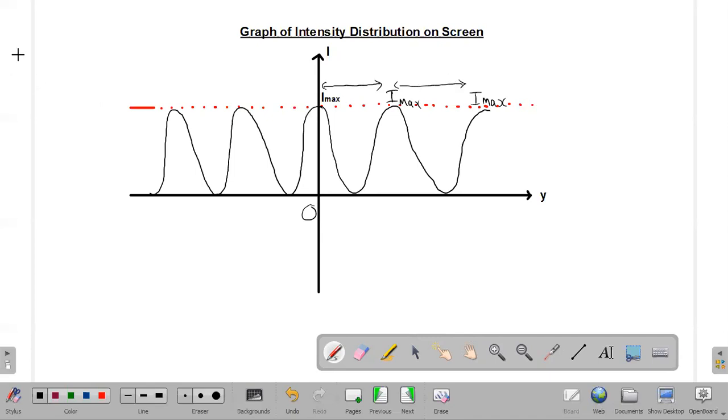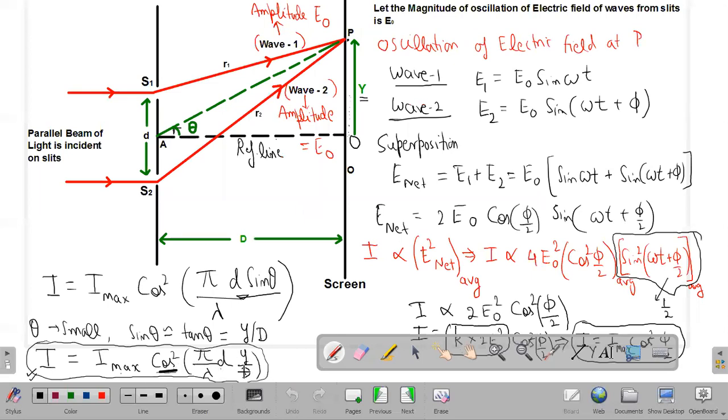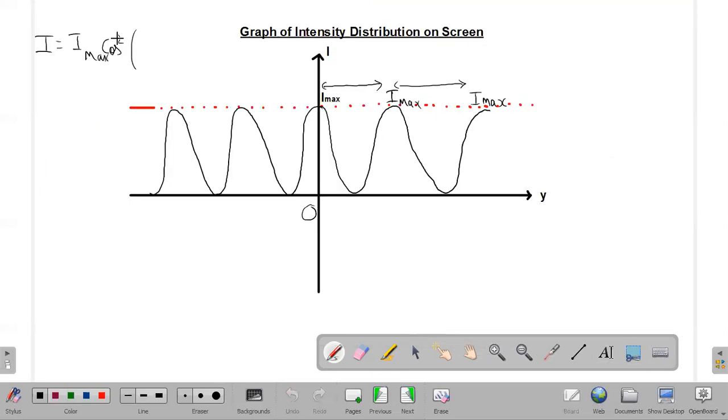And if I calculate from the previous expression, which was I equals I max cos square, pi small d y over lambda times capital D. The first intensity maximum appears when pi dy over lambda into capital D is taken as 0.